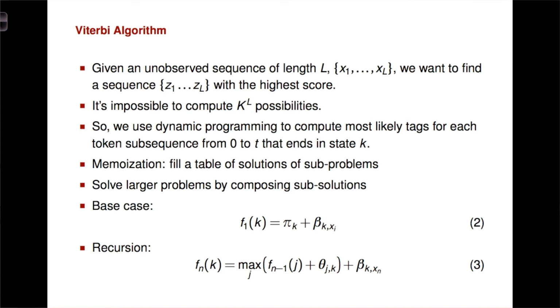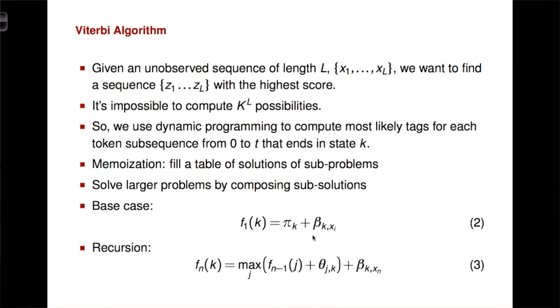So the base case is we want to know what is the best way that we could start this sentence. Given the first word of the sentence, what is the most likely initial tag for that very first word? This is really easy.